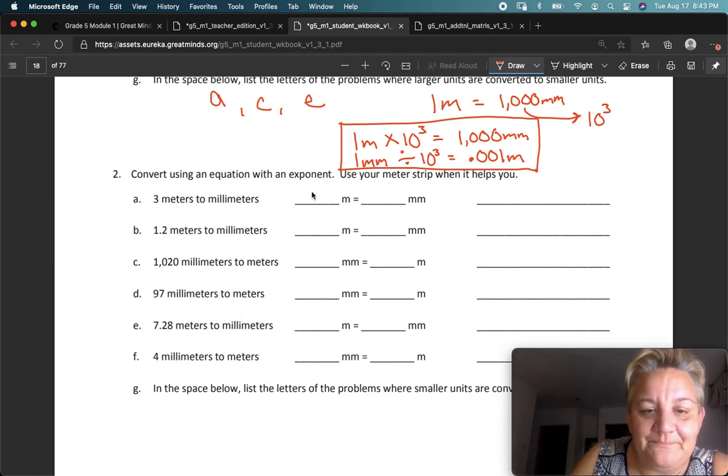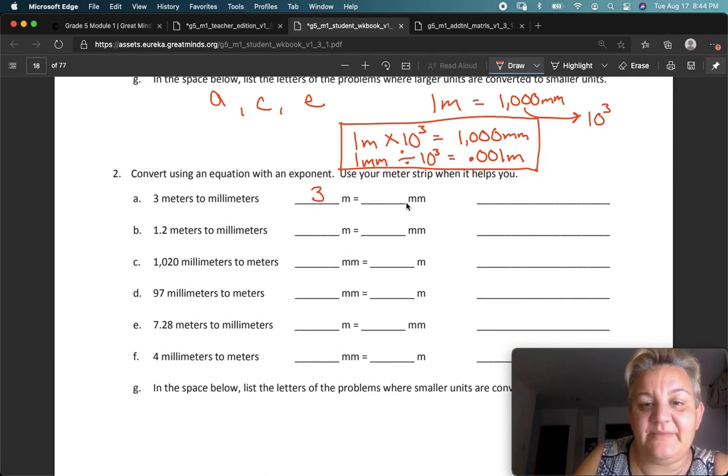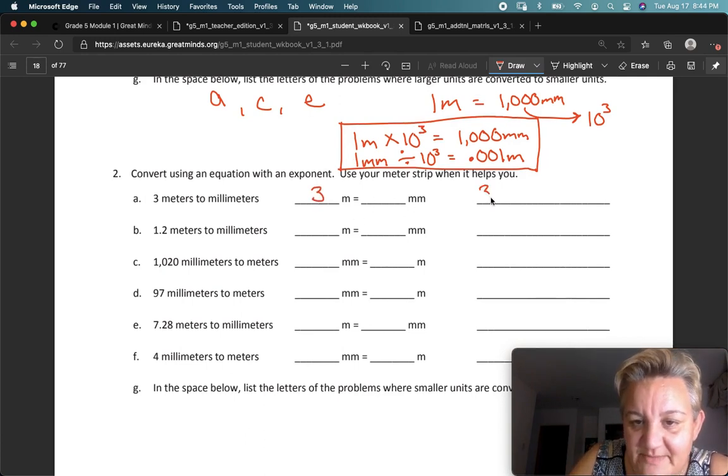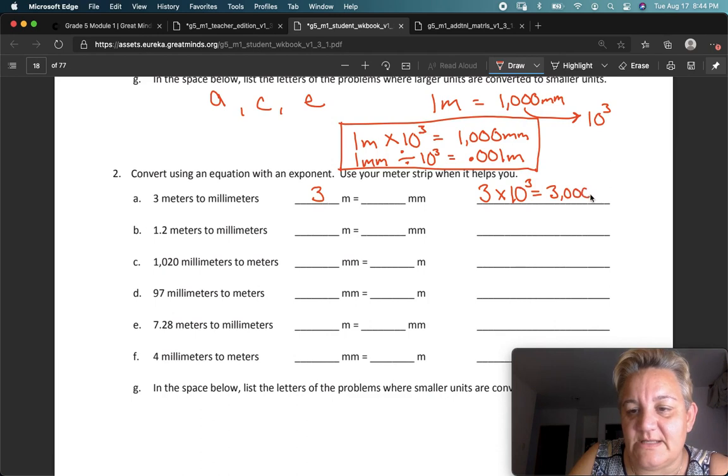3 meters equals how many millimeters? So we're going to take 3 meters and multiply that by 10 to the third, or 10 cubed. And what we get is 3,000 millimeters, okay? Are you with me? I used this formula, and instead of 1 meter, I put the 3 meters that they gave me.